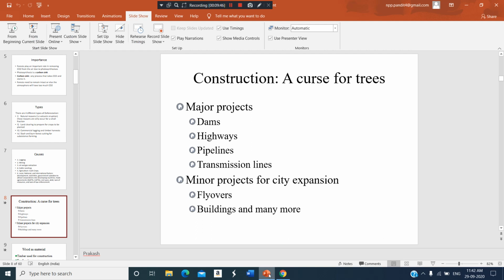and that will contribute to deforestation. Then highway construction, a lot of trees are cut. Probably recently in the news, a 4 lane road between Kumta and Sirsi is going to happen, and some 5,000 trees are to be cut.